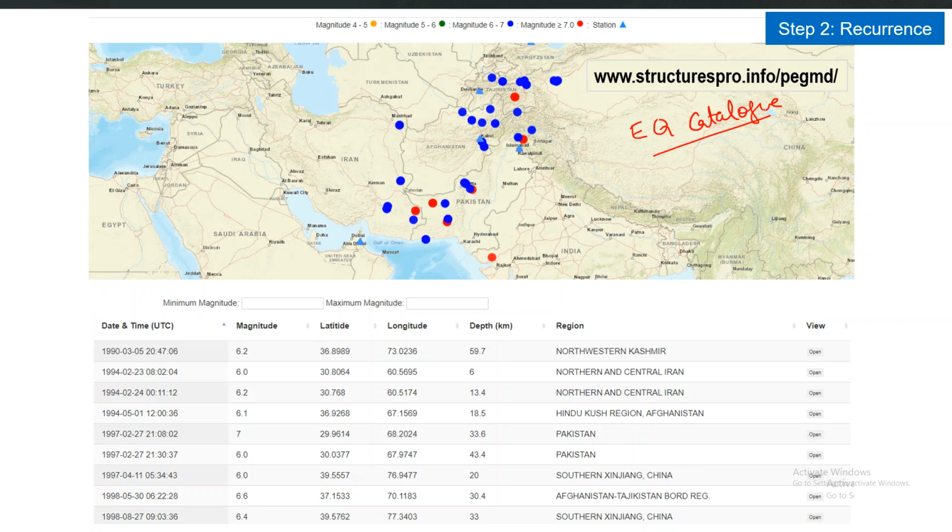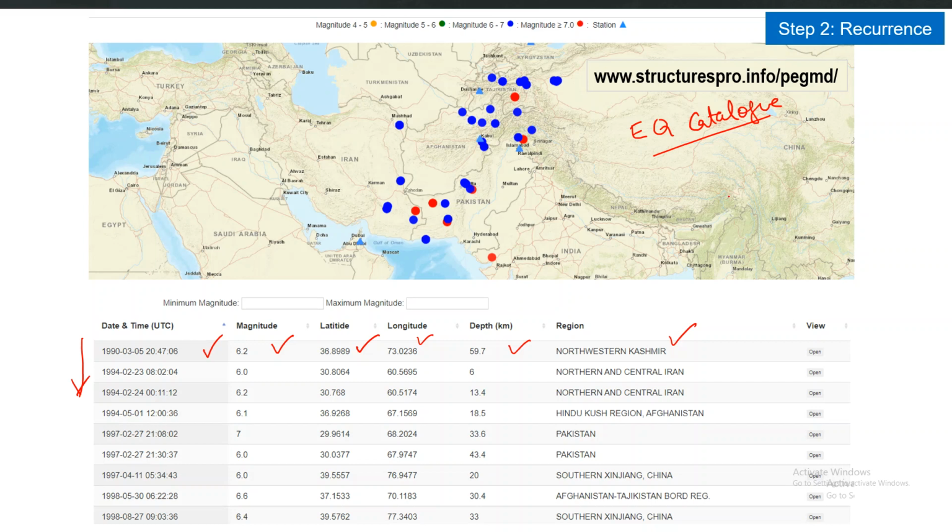One example is shown here for Pakistan. You can see that this is a list with the date and time of the earthquake, the magnitude, the latitude and longitude of the epicenter, the depth of the earthquake, the region, and some other information also. This catalog is developed for the seismic hazard assessment of Pakistan.